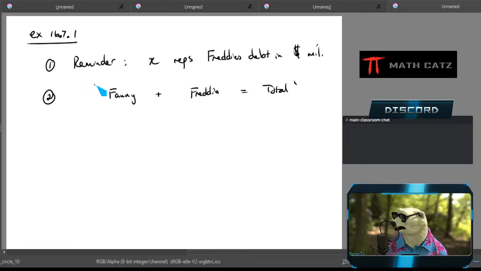And I'm doing this for myself. Read it if you want to, but it's for me. It's not for you to read. It helps me. So I now have my equation here. I feel I'm ready now. It helped me. Fannie's debt is 120. Freddie's debt is X. And the total is 560.